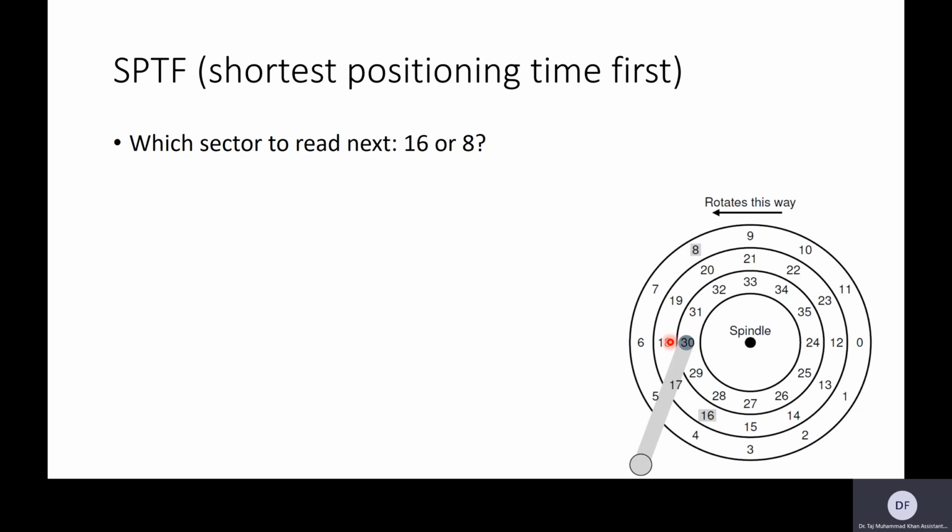Okay, so again you have to see relative to each other the seek time and the rotation time, which of them is greater, and based on that you will do the calculation and decide whether the next shortest positioning time is to sector number 8 or to sector number 16. Okay, and based on that you will schedule one of those two requests first.